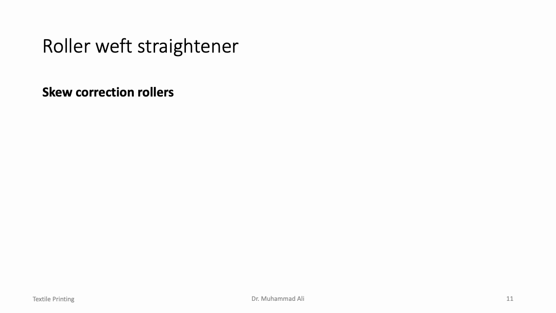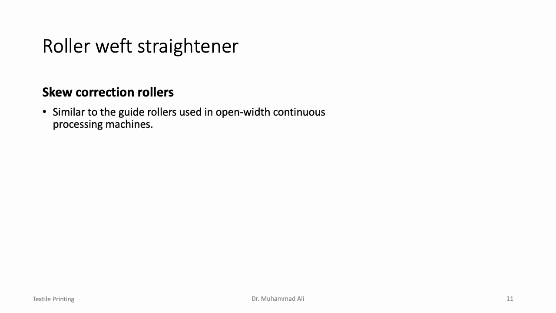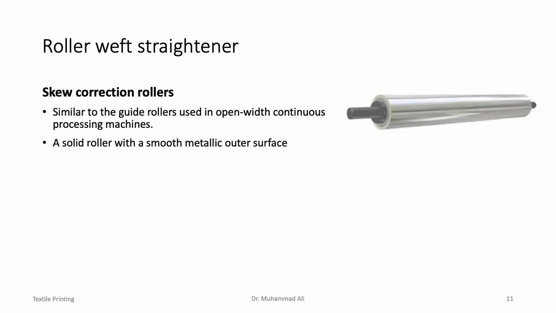Then we have the skew correction rollers. The skew correction rollers are very similar to simple guide rollers that are used in open width continuous processing machines. If you are aware of the structure of these guide rollers, then you know already that these guide rollers have a smooth, shiny surface, which is of course metallic, and these rollers are free to rotate about their axis. As shown in the image here, the skew correction rollers have a smooth metallic outer surface.